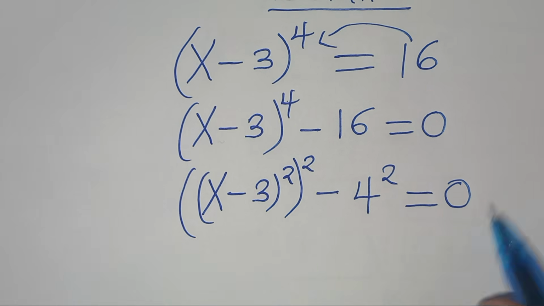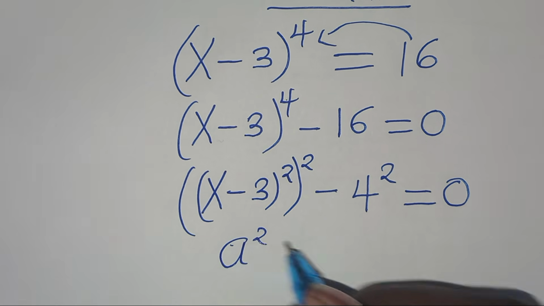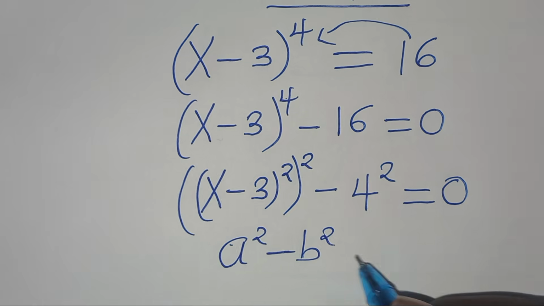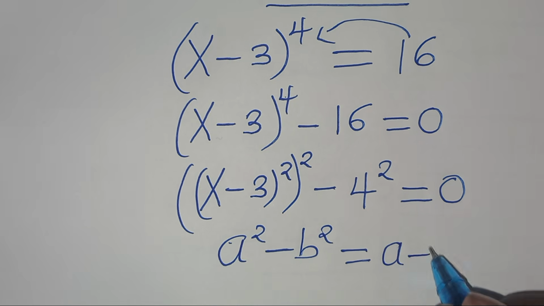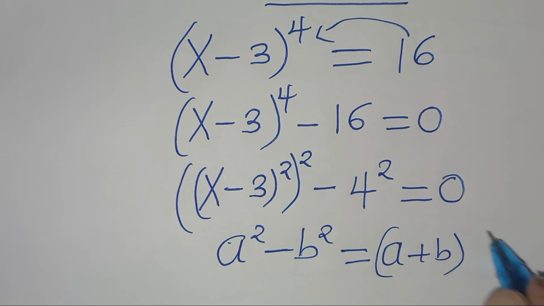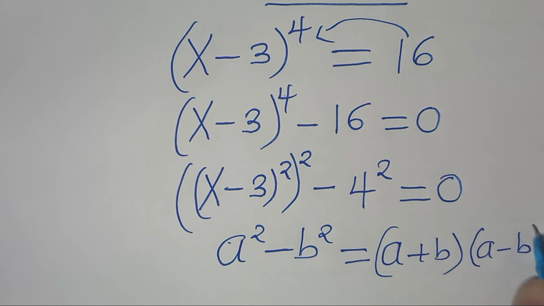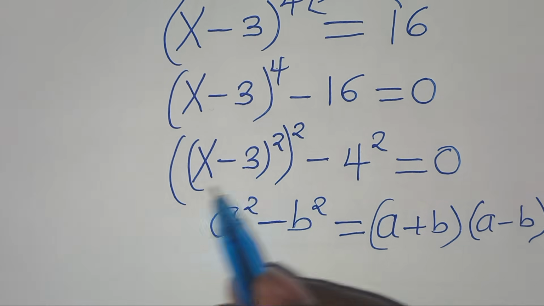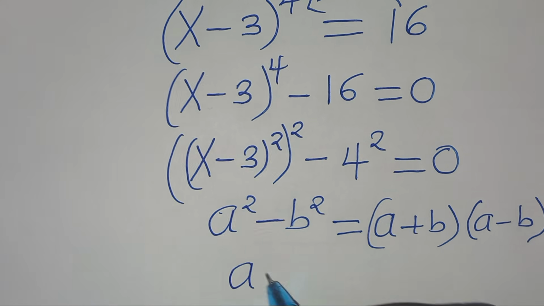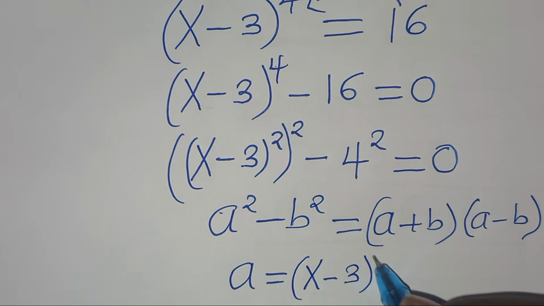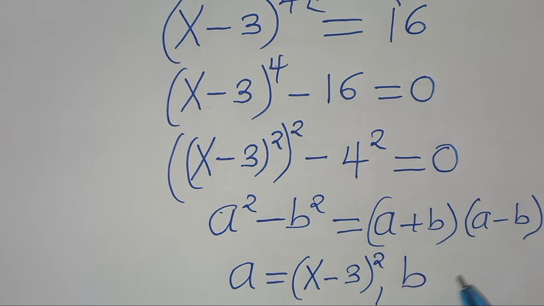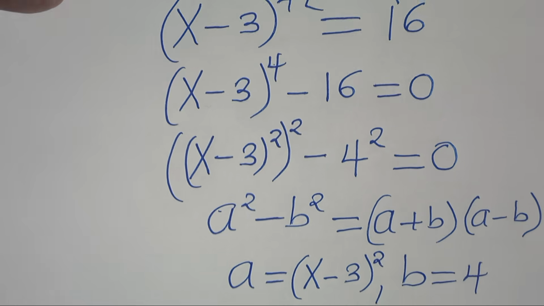This equation is of the form a squared minus b squared, the difference of two perfect squares, which we can express as (a + b)(a - b). From this equation, a is equal to (x - 3)^2, and b is equal to 4.